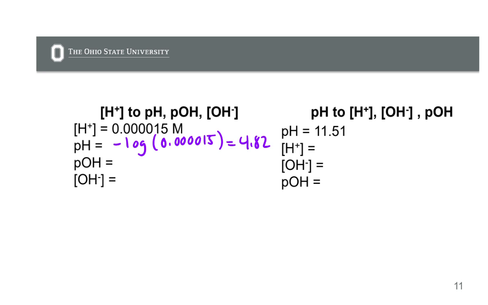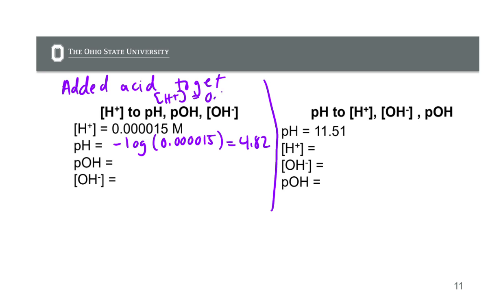Okay. So to be a little bit more clear on this side, we can say we added acid to get the H plus concentration equal to 0.000015.